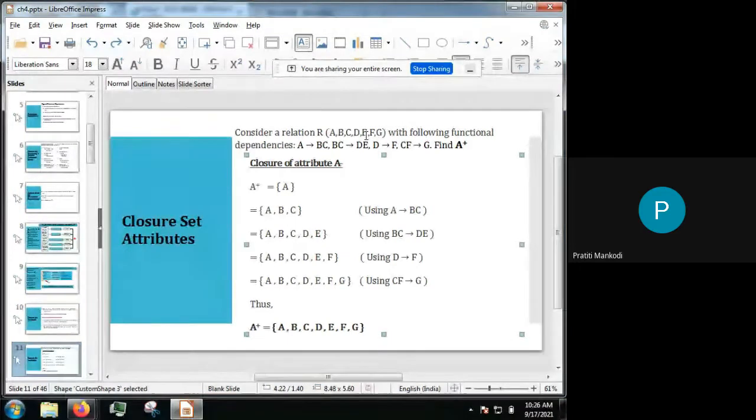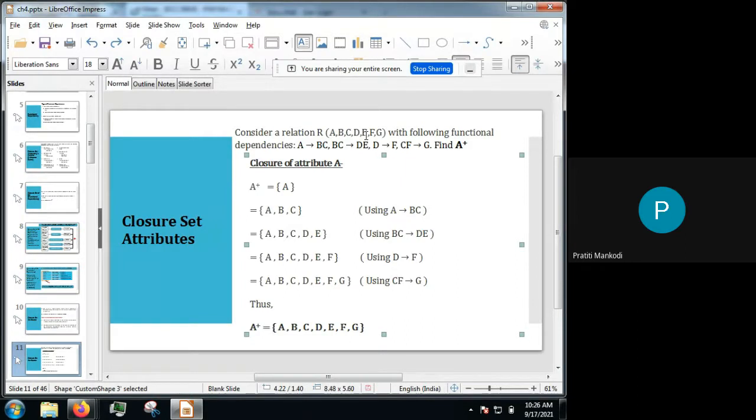B for Bombay. Only B. Only B is not able to derive anything. Right? BC together is deriving BE. So only B. The closure set will also be only B. Clear?